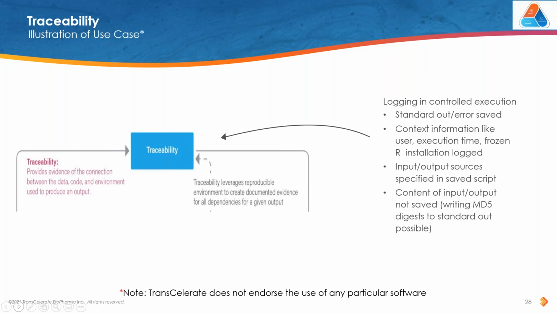There are a few elements that are especially critical. For example, data sets and programming used to produce the outputs, system libraries, programming engine, computing environment, etc. And the use case is logging all these important elements in the controlled execution.